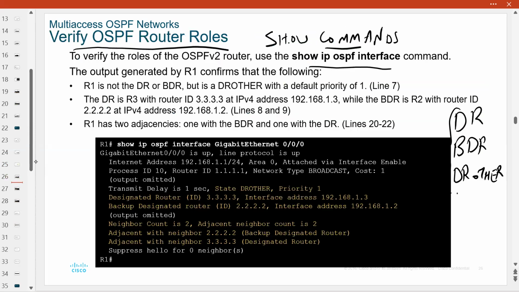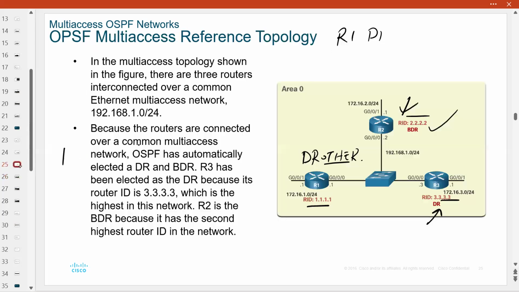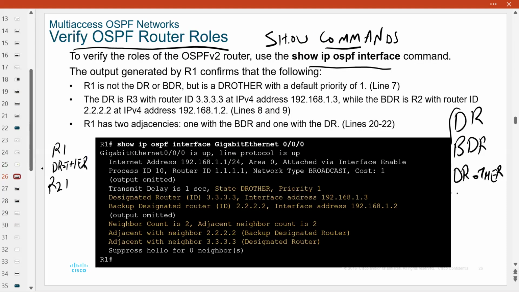My pen is no longer functioning. All right. R1 is a DR other. R2, let me see. This is R2. R2 is a BDR. And R3 is our DR.